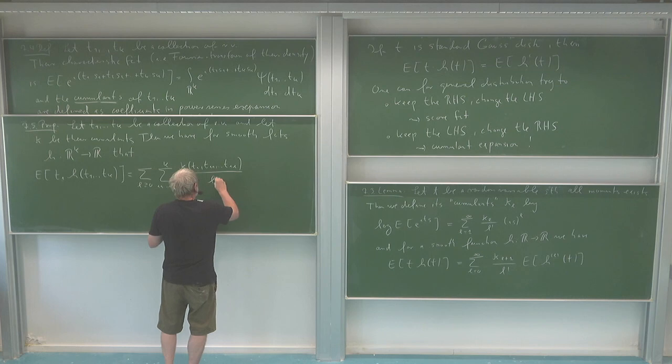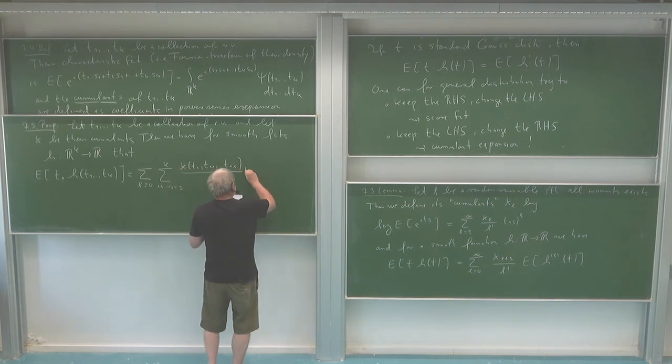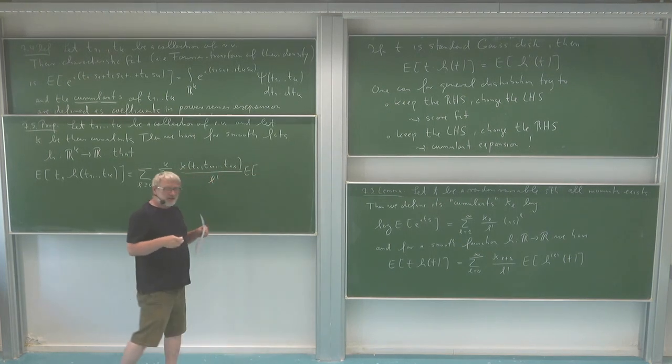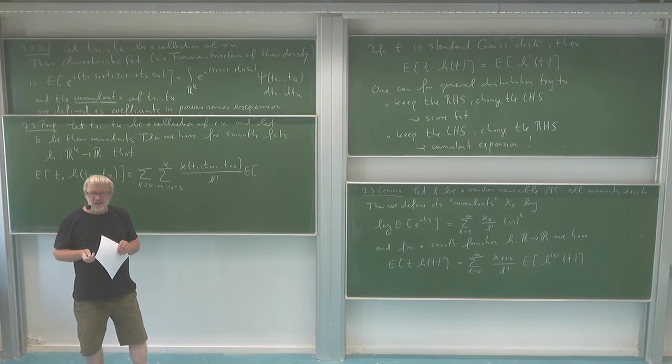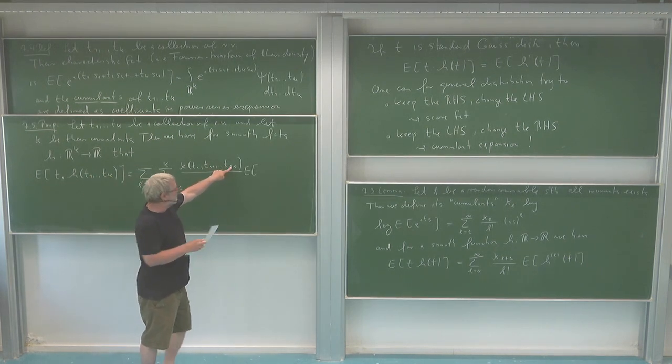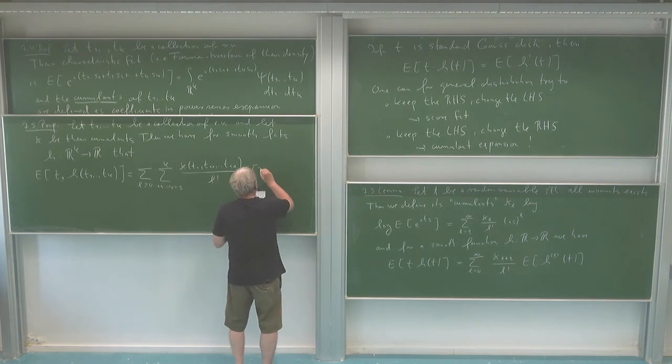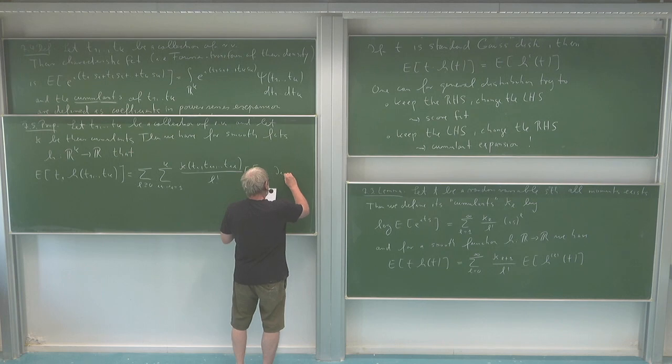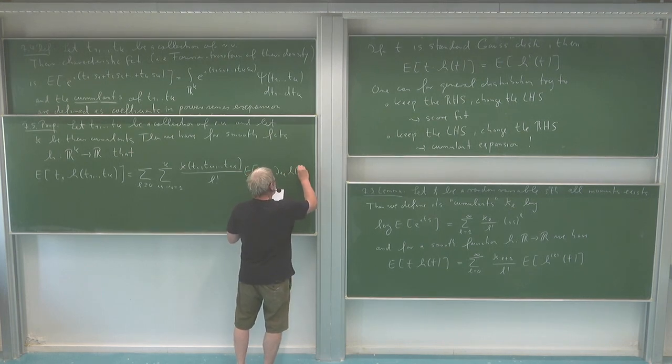I divide this by L factorial. And then I have here the expectation. And now I take partial derivatives of my function, with respect to the variables which showed up here. So I take the derivative with i1 up to iL of my function h of t1 up to tk.